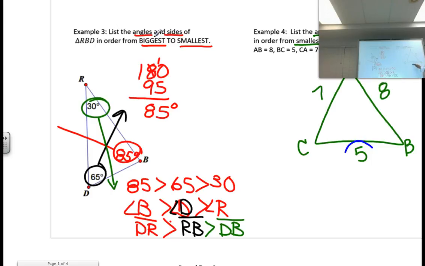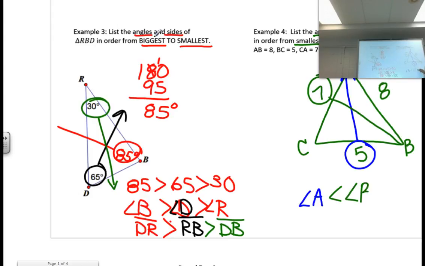So that's this length of 5, and its opposite angle A. So our smallest angle is angle A. Angle A is less than our medium length side, which has a length of 7, and its opposite angle B. And then our last and our largest or longest side is AB, which has a measure of 8, and its opposite angle C. So in order from smallest to biggest, angle A is less than angle B, which is less than angle C.